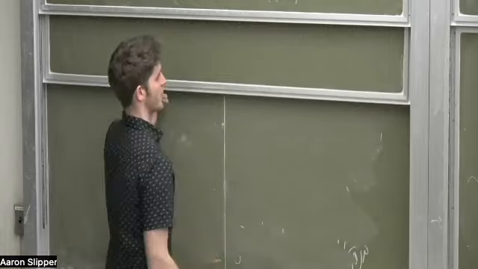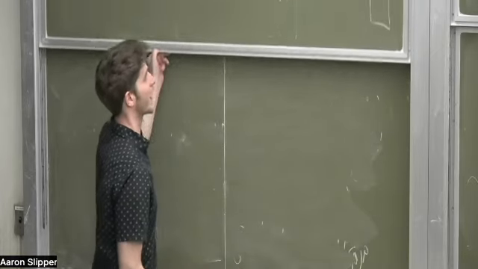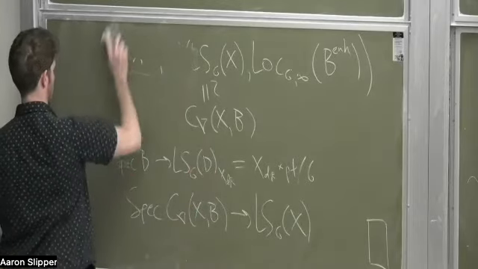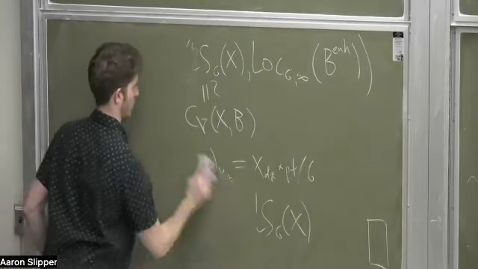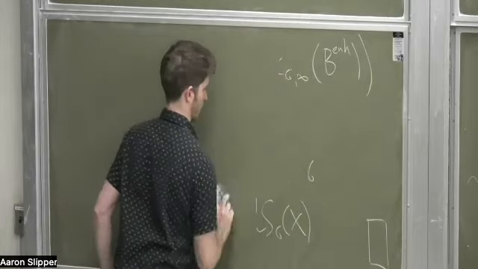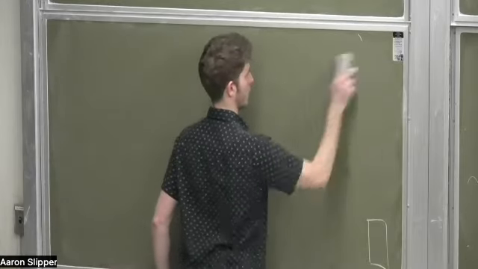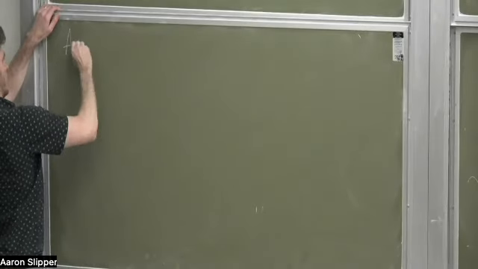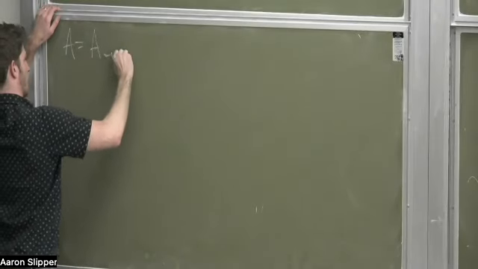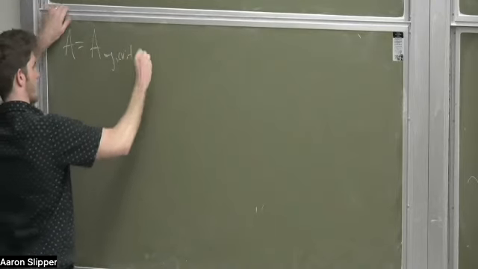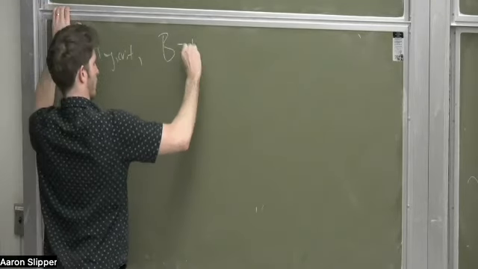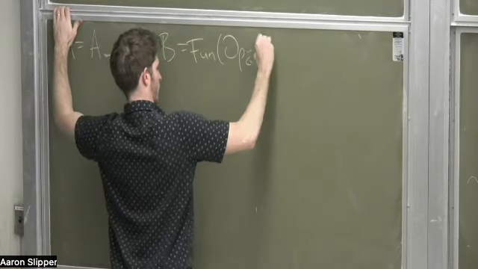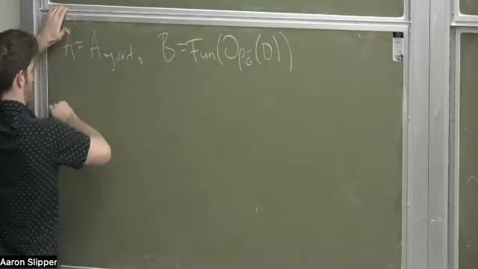Class, it's probably pretty transparent how we apply this in our case. Let me just write it down really quickly. A is the vacuum Kac-Moody representation. B is functions on the disk.